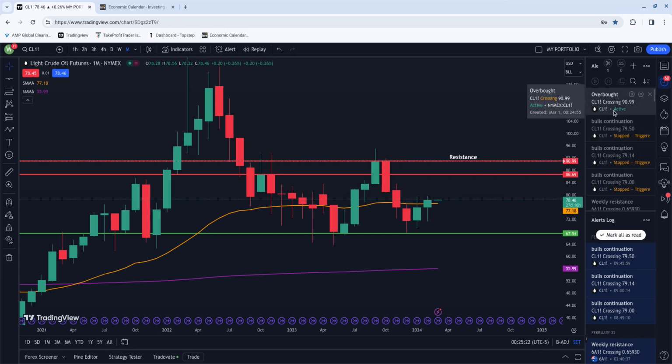But here's the most active alert, the one we just created. It's an overbought alert for crude oil, CL, that's the symbol, crude oil 1, and then crossing. When it crosses 90.99, that's when I will be alerted. It has to get there. And once it gets there, it's going to activate the alert and remind me, hey, crude oil is overbought.